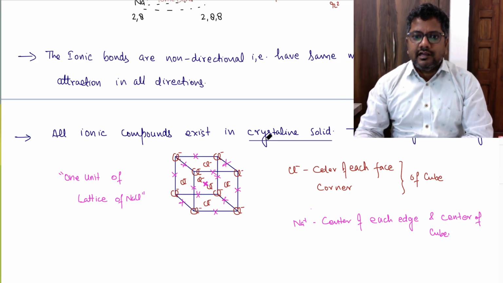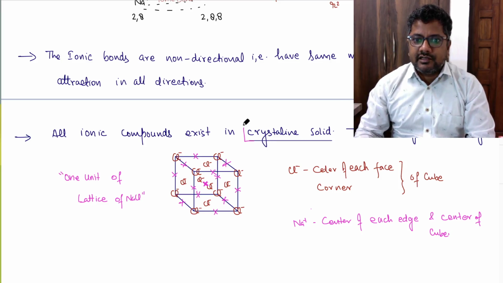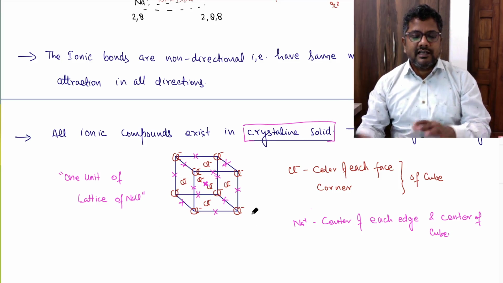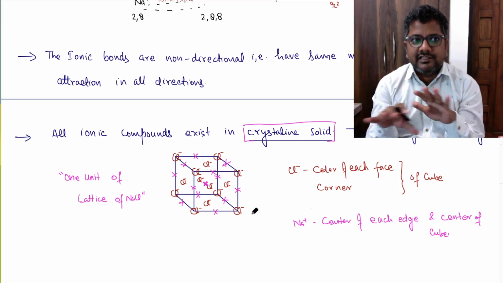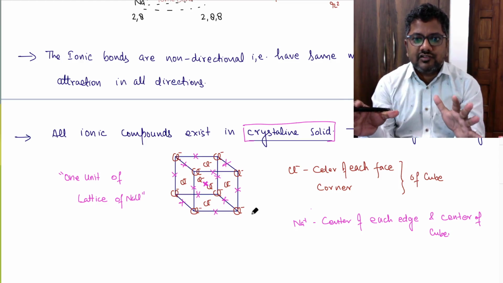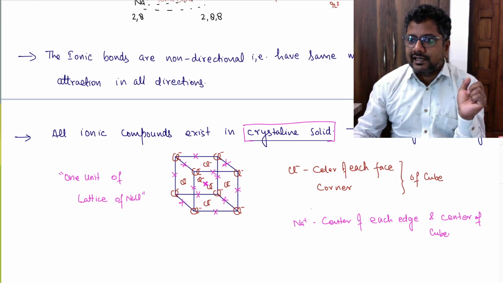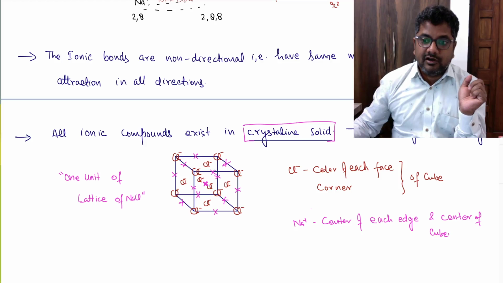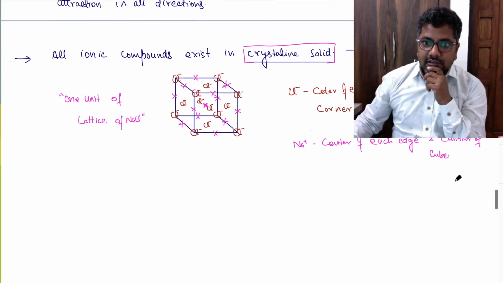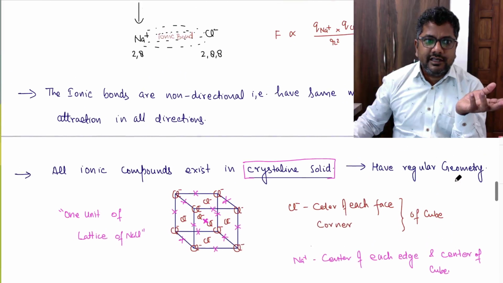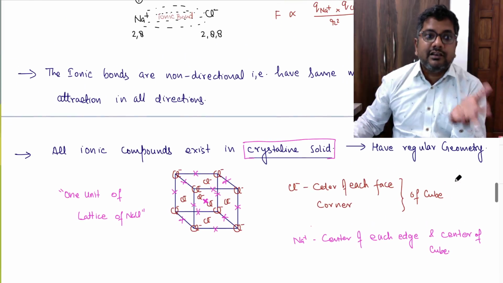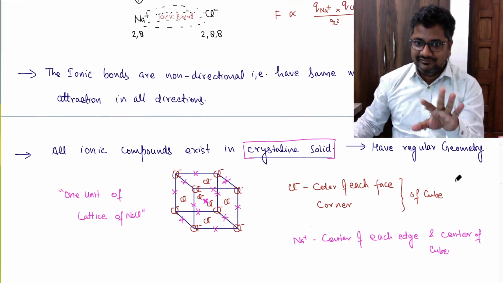So all ionic compounds exist as crystalline solids. Means they have a definite, regular geometry, with sharp edges, sharp faces, sharp corners, right? So this is the characteristic feature of ionic compounds. Hardly do you get, or we cannot say that any ionic compound exists in liquid state, right?